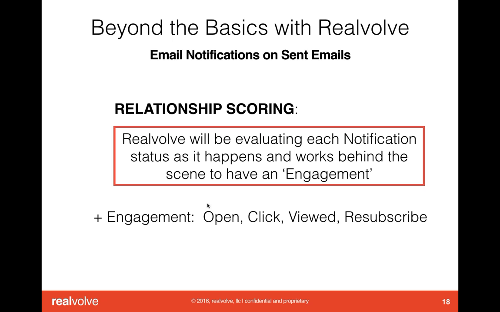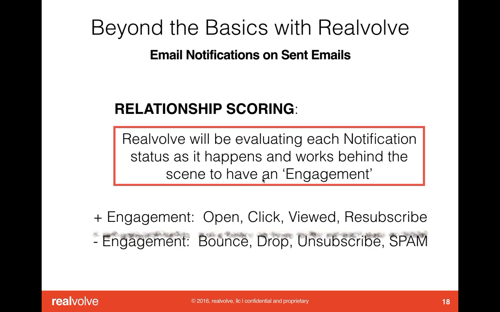Likewise, we're also having the ability to say, well, you've got some negative engagement happening. The email bounced. There was a drop. They unsubscribed, or worse, they are marking it as spam. If they're marking it as spam, the relationship is not going where it needs to go, and that's a sign of either good or bad.